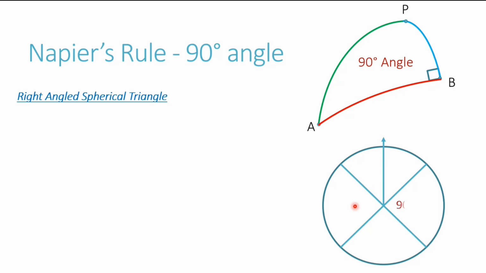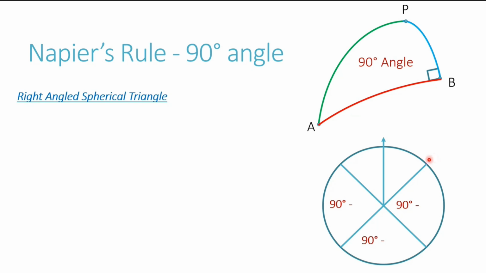Now what we do is, in the bottom 3 parts of the cartwheel, we write down 90 degrees minus, 90 degrees minus, 90 degrees minus. So in the bottom 3 parts, which are the bigger parts, we write down these values of 90 degrees minus.